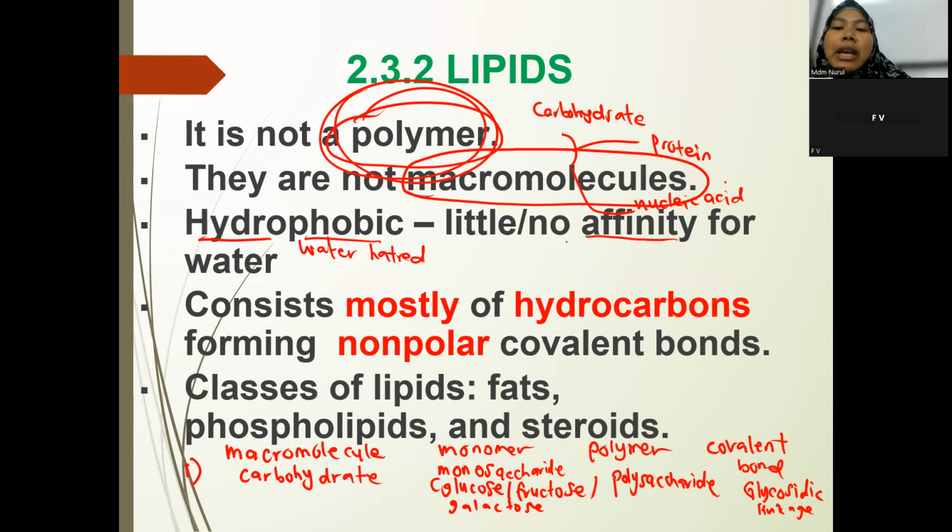So it has no tendency toward water. Can it react with water? No, it cannot react with water.